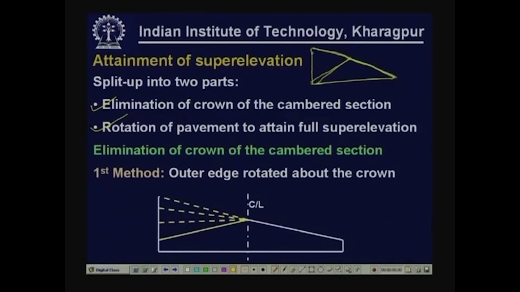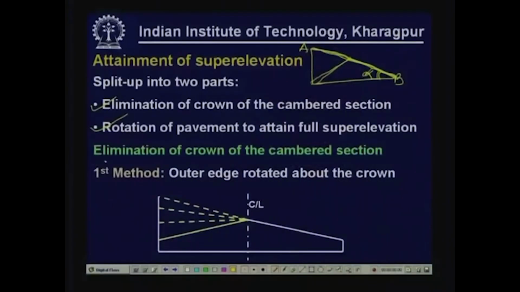So, if I call this surface AB, and this is the angle alpha, then we rotate line AB further to have the required angle alpha, which will give us the required super elevation. So, these are the two basic parts: elimination of crown of the cambered section to have a uniform slope equal to camber, and then further rotation of pavement to attain full super elevation.